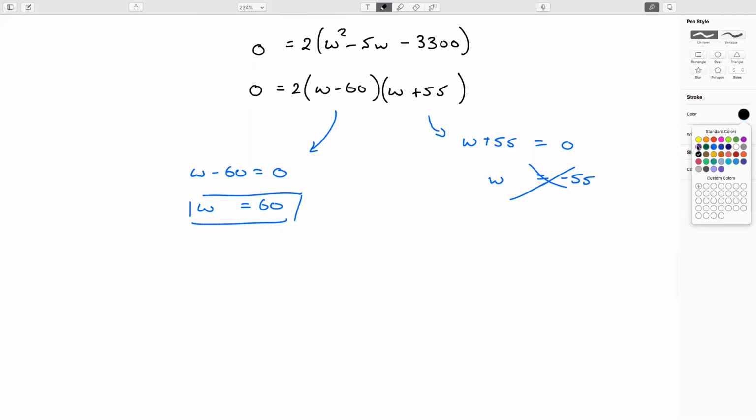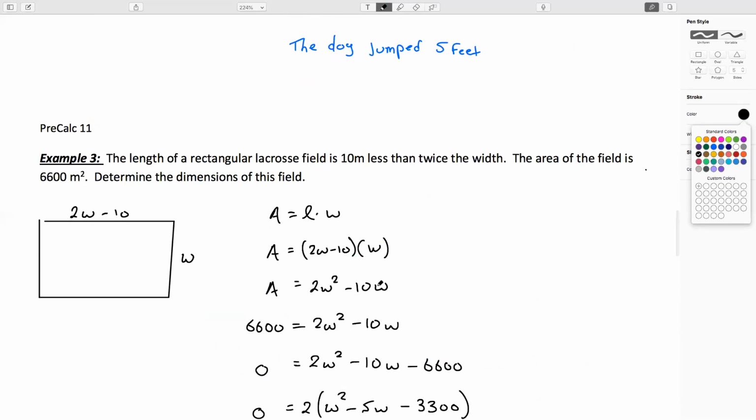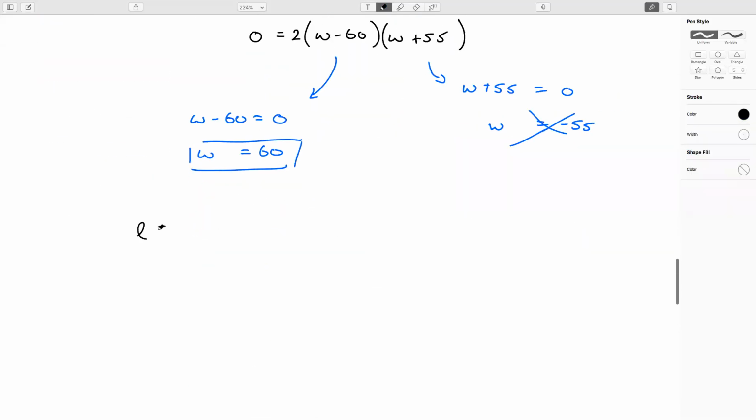We're almost done. I know the width is 60, and I know that the length is 2 width minus 10. I can plug 60 back into this equation. The length is 2 times 60 minus 10, which is 120 minus 10, which is 110.